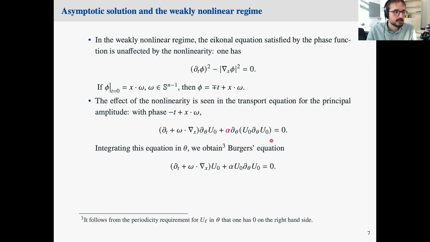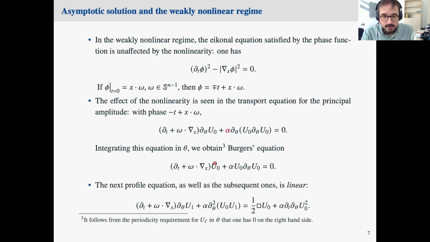So we actually see that this simplification that we mentioned in the beginning, which can be justified with some heuristic arguments, actually here appears in the asymptotic analysis of the profiles. And then once you go to the next profile equation and all the ones after that, they're all linear. And of course, they're going to depend on the nonlinearity and on previous profiles, but you can solve them sequentially.